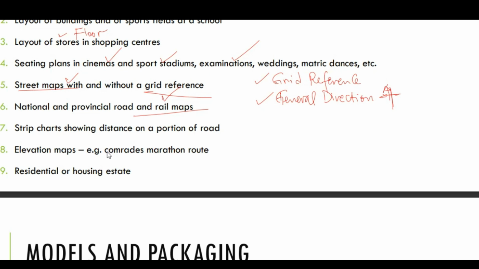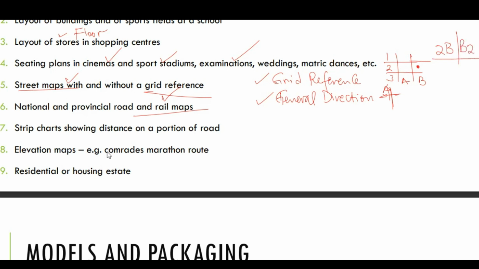Then the grid reference is when we pick a box where a certain town is found. If this is 1, 2, 3, then we have A, B. You understand? And there is a town here. That's the grid. Then the grid reference will become 2B, or you can write it as B2.